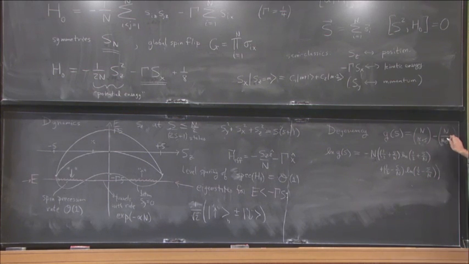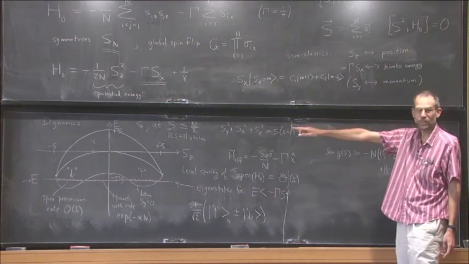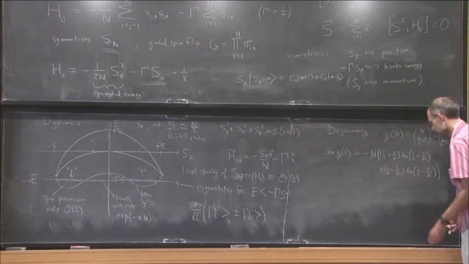It's the difference of two adjacent binomial coefficients, n choose something and n choose something different by 1. But this correction is subextensive. The order n term, which is what I'm going to focus on, is just the binomial coefficient. Okay, so we have this degeneracy, which means each one of these states has that much entropy.